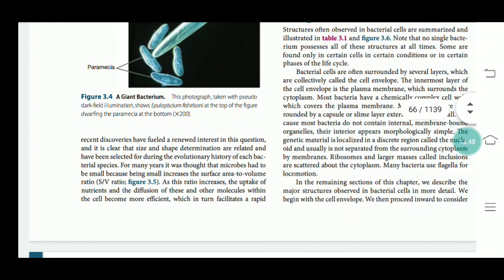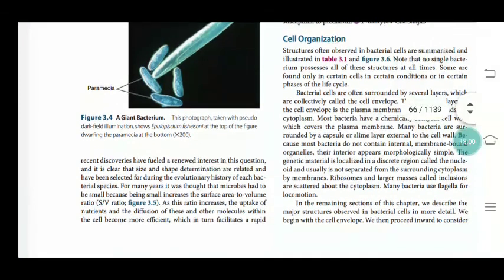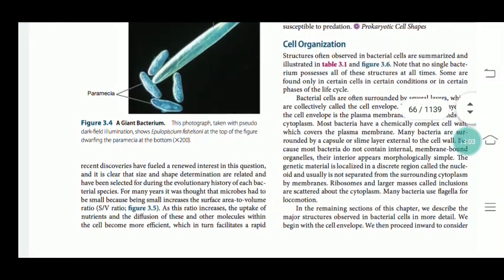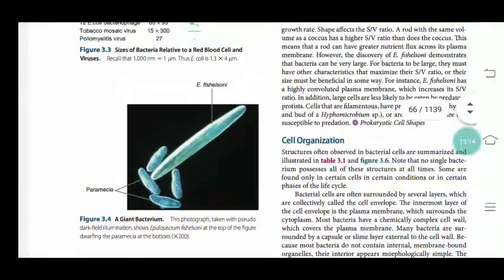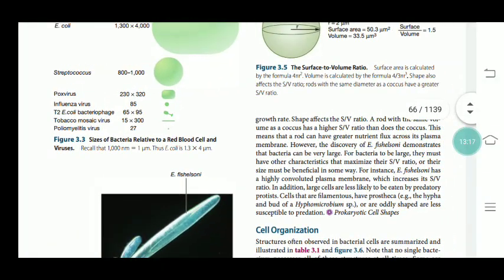So here is the method through which we can not only see the bacteria with the help of a microscope but also measure its size. It's called the surface area to volume ratio. As the ratio increases, the uptake of nutrients and diffusion of other molecules within the cell become more efficient, which in turn facilitates a rapid growth rate.